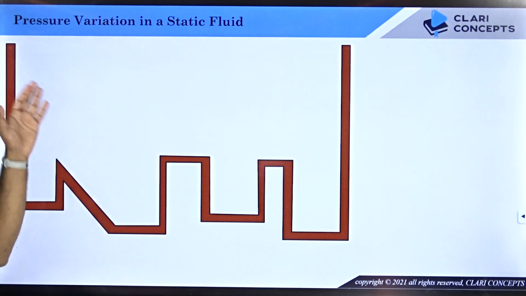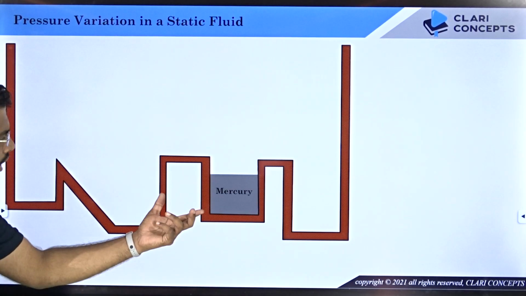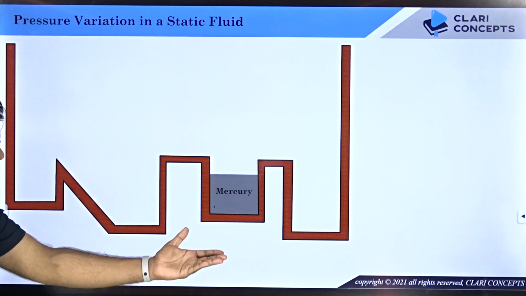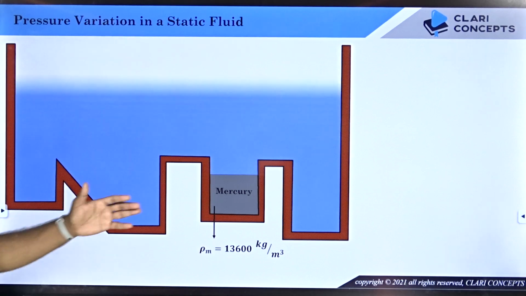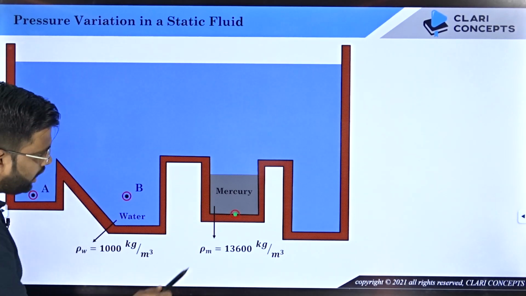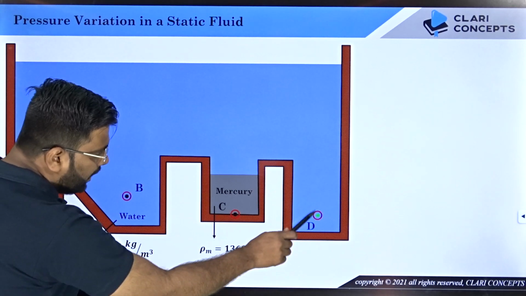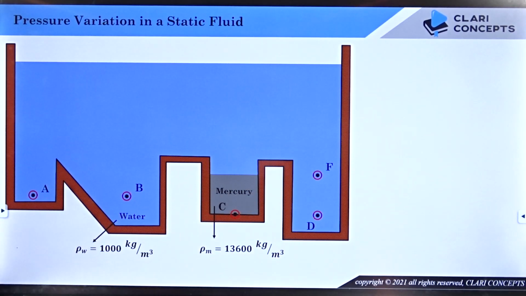So let us say I have this weird looking tank with me, and I have mercury filled in one of the pockets, and the density of mercury is 13,600 kg per meter cube, and in the remaining portion I have water filled, okay, and the density of water is 1000 kg per meter cube. Now I will mark several points in the tank, point A, point B, then point C, point D and point F, okay, and I will try to explain the concept.